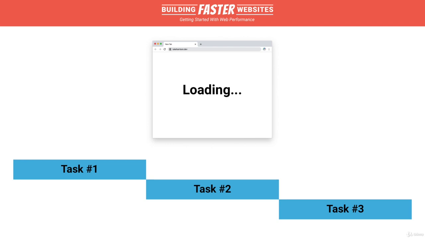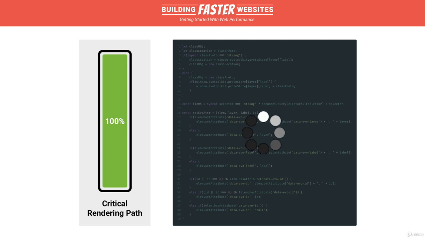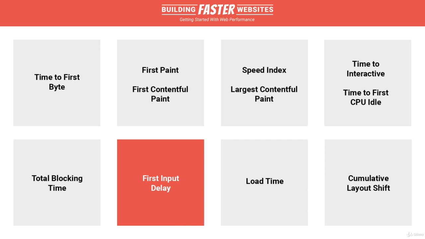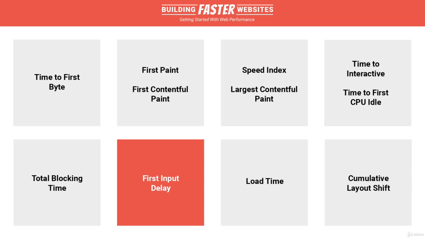So, with this in mind, if page content has finished rendering, but the browser is still busy executing JavaScript, any user input during this time would not be registered, as the browser doesn't have the resources available to respond. A poor first input delay usually equals user frustration, because interactions don't appear to be snappy or responsive, which nobody likes.